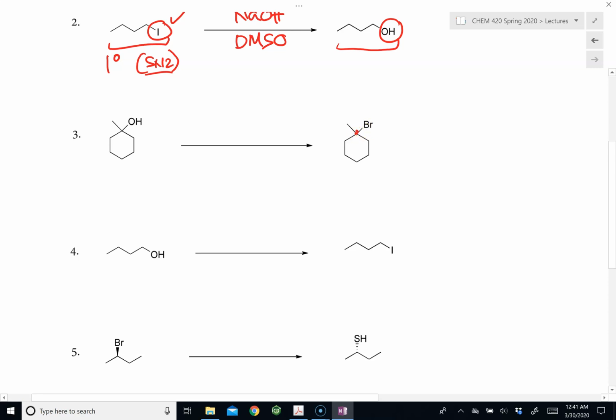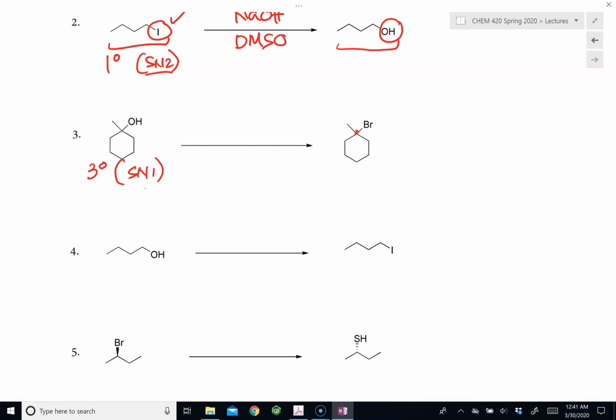So we can perform either SN1 or SN2. But because the substrate is tertiary, and we know that a tertiary substrate would be ideal for SN1, the reaction that we would have to perform would be an SN1 reaction.